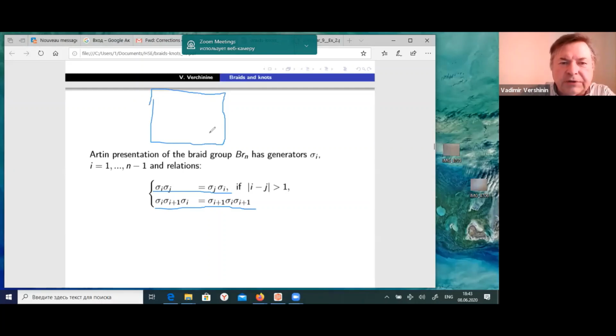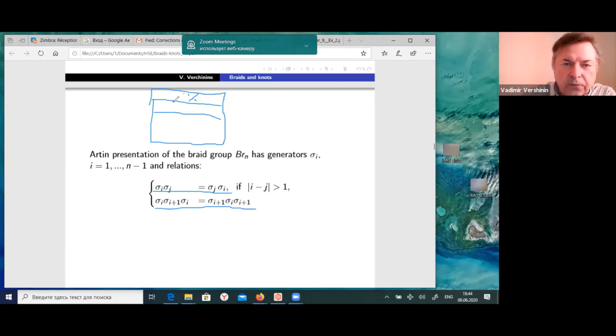You have many crossings in this box, and suppose now that you move your braid a little bit in such a way that at each level there is only one crossing. You always can do this because in your braid there is only a finite number of crossings.